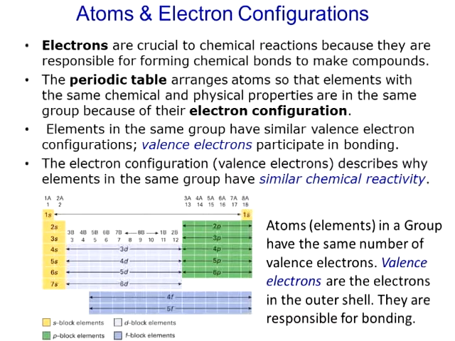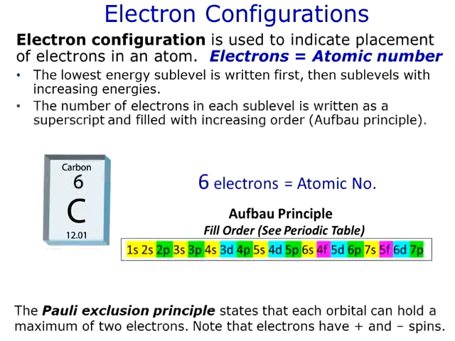And you will see that when we do the electron configuration and the electron orbital diagram. They are responsible for bonding. So, a lot of theory, a lot of principles. Let's start to put it into action. Let's start to do some electron configuration.